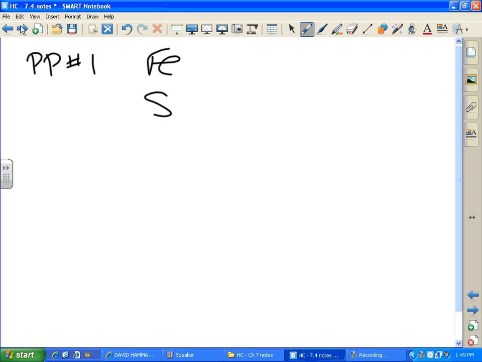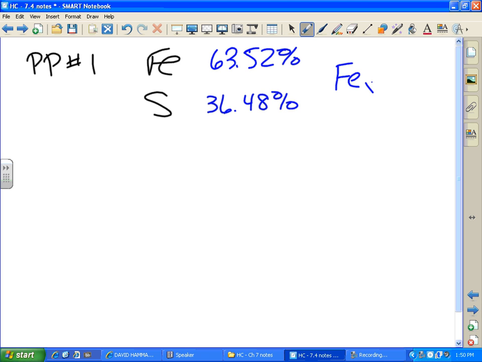All right, on page 247 there's a practice problem number 1 involving iron and sulfur, and we want to go through that calculation here. It tells us that we have a compound that has 63.52% iron and 36.48% sulfur, and we are trying to identify the formula, FeₓSᵧ, the values of x and y.